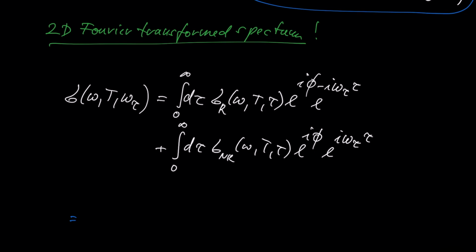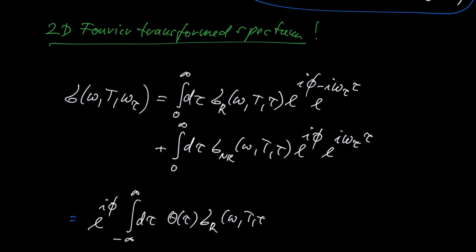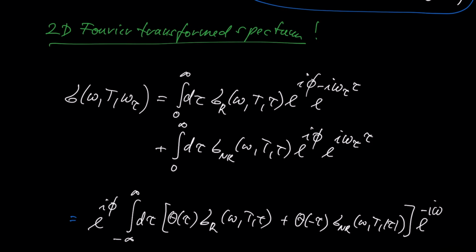There will be a prefactor e to the power of i phi, and then an integral from minus infinity to infinity, and we put here the Heaviside step function so that we can write the rephasing part, which originally had the integration only from 0, and we add to it with the minus theta function the non-rephasing part, but because we still want to have positive taus, we can place them here like this, and we keep e to the power of minus i omega_tau tau.